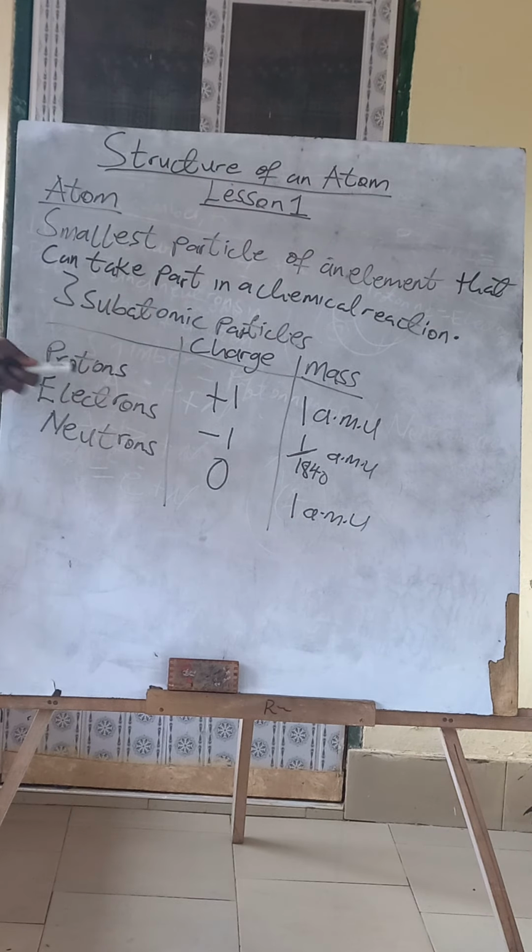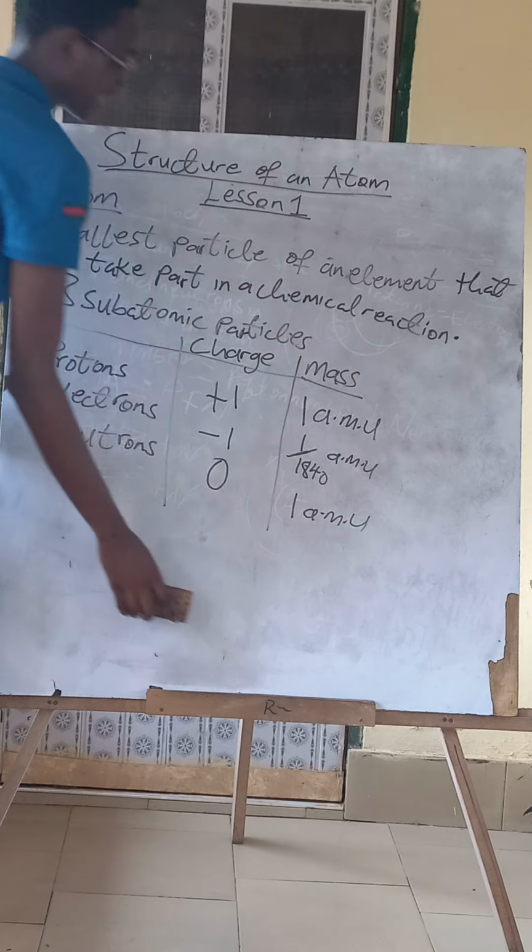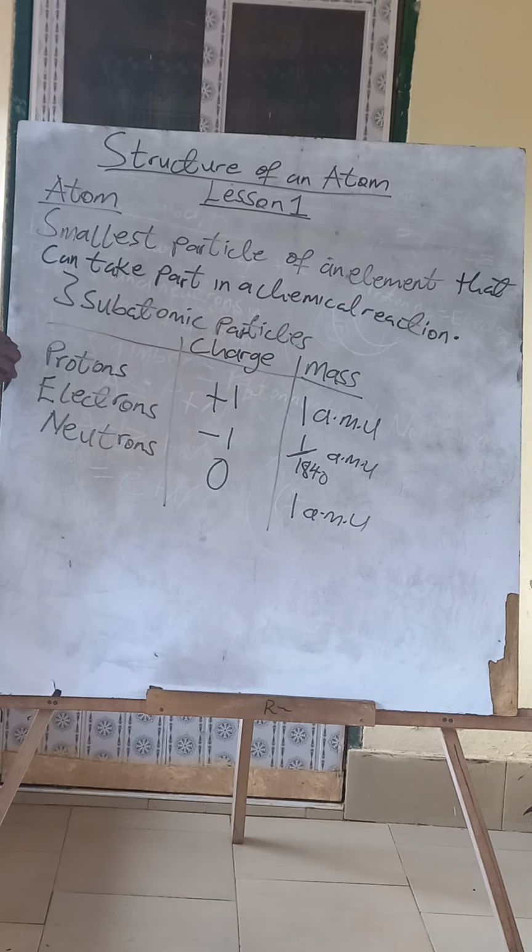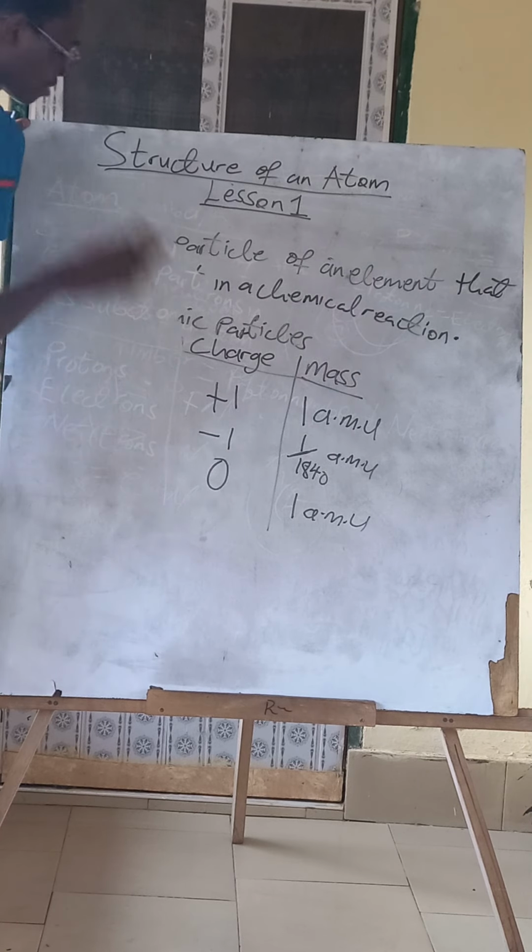From this, you can see that the electrons of an atom are very light in weight. So the mass of an electron is negligible. It's not really considered.